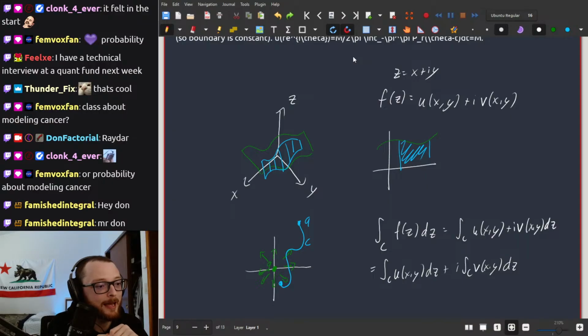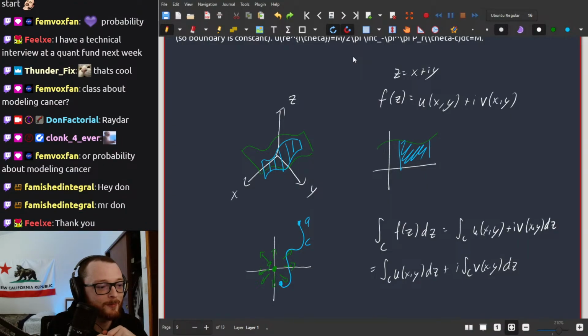Yeah, I haven't been able to show it on stream just because PDEs have been sucking all the air out of the room. But we're doing stochastic models for cancer. Hey, famished.